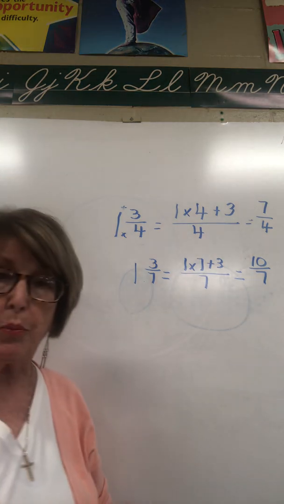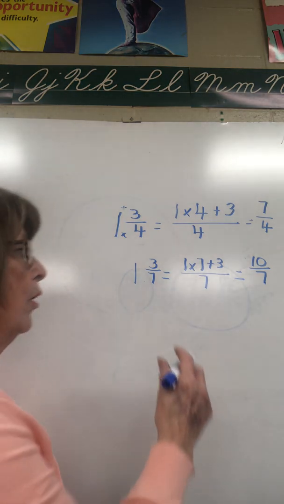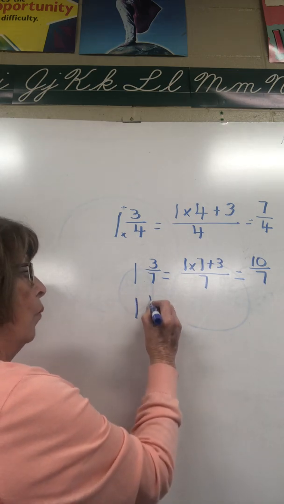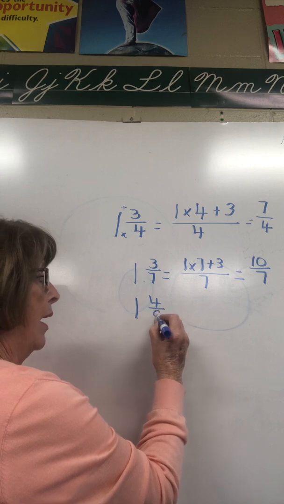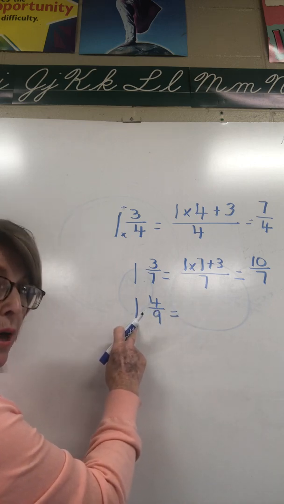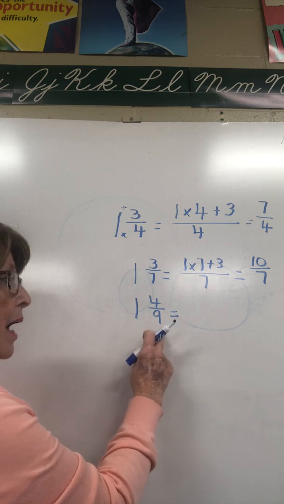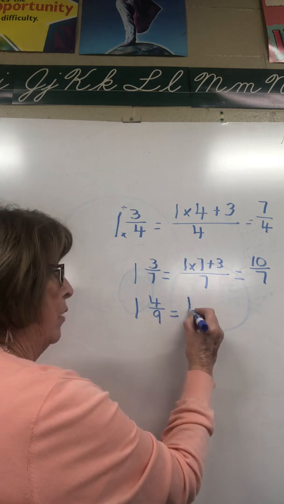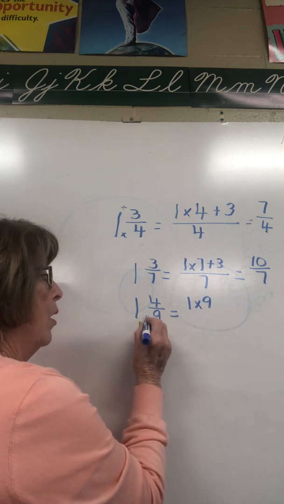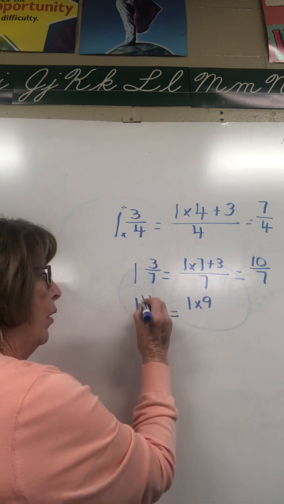All right, the next one. 1 4/9. Please do it with me. I'm going to multiply my whole number times my denominator. So I'm going to say 1 times 9. Remember, we're multiplying here and we're adding here.